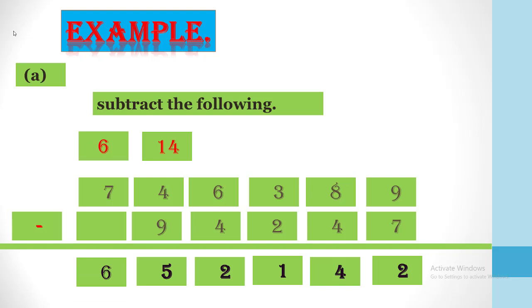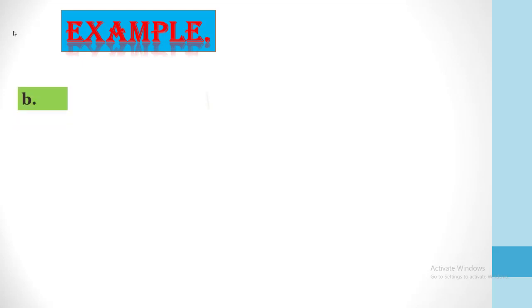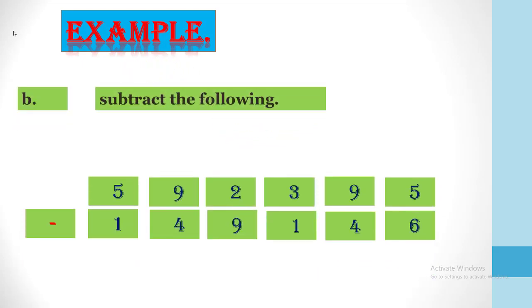When we subtract 94,247 from 746,389, we get the answer 652,142.